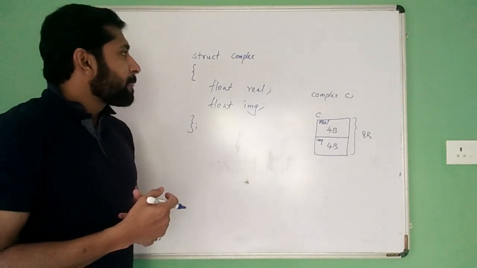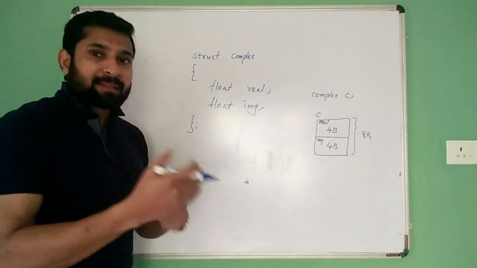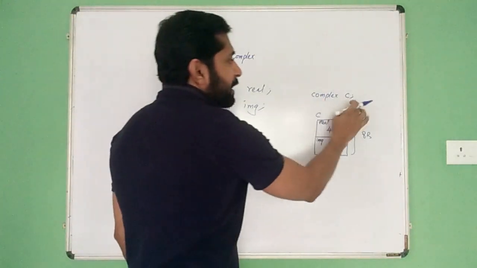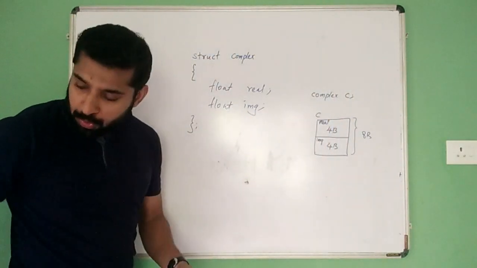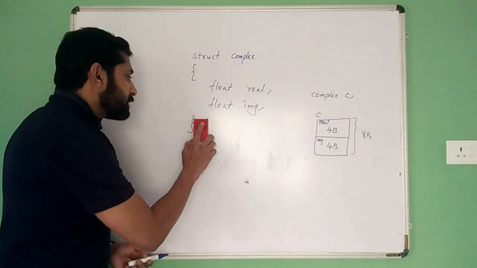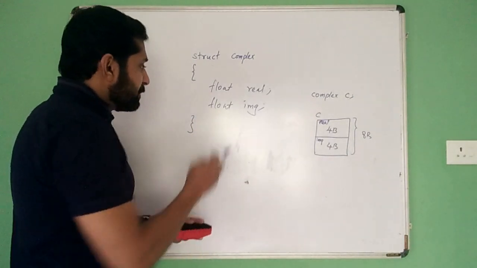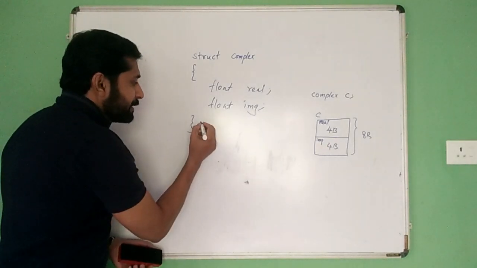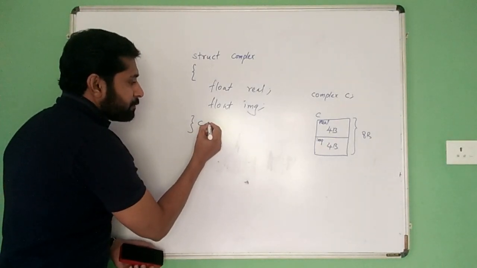Now there is some other way of declaring a variable. Instead of declaring a variable like this, we can also write variables here. So immediately after the definition, closing the curly braces, we can write C here.